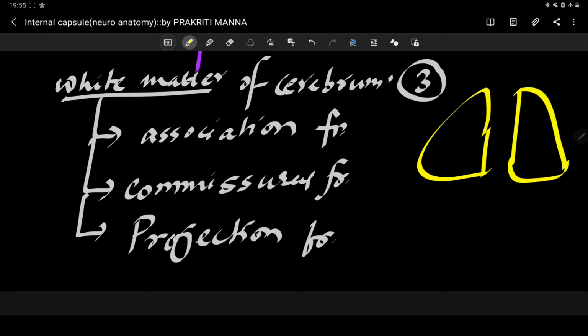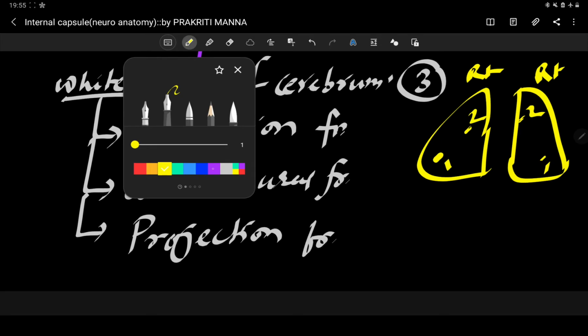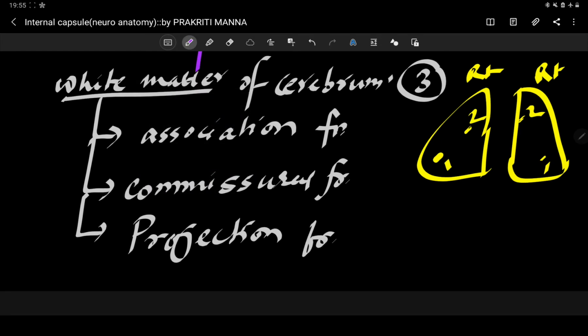Association fibers: let's imagine this is area 1 and this is area 2, and this is also area 1, area 2, in one cerebral hemisphere. Association fibers are those white fibers which connect two areas present within a single cerebral hemisphere.